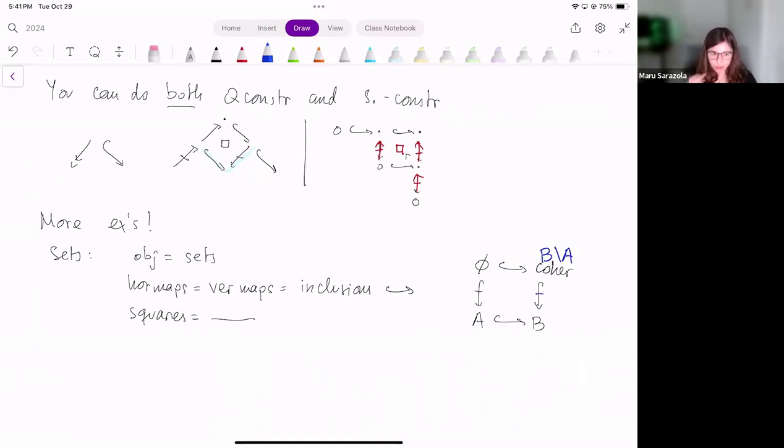So it turns out that if I do this, then this square is going to be bicartesian.